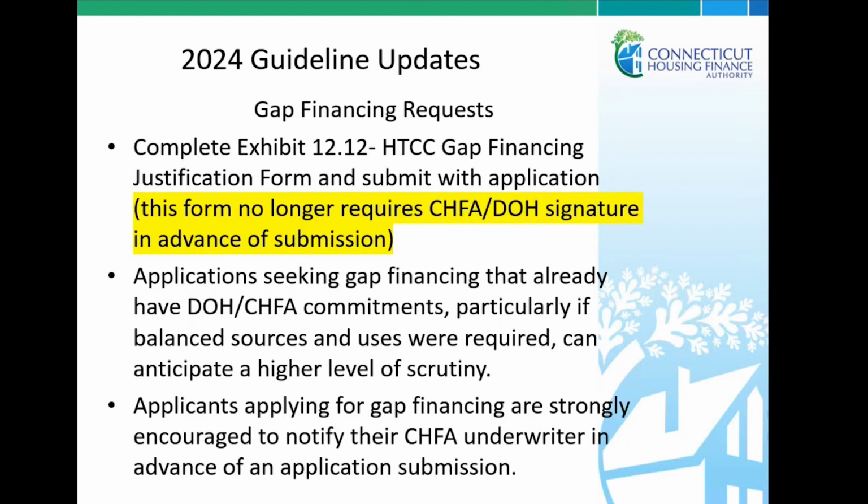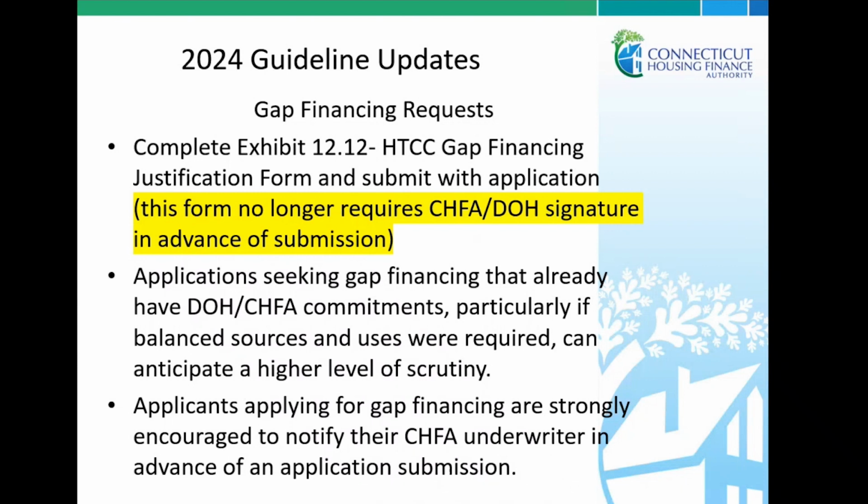Again, we mentioned changes to Exhibit 12.12, which is the HTCC gap financing justification form. Just a reminder, you don't need to get a signature for that in advance of your submission. For applications seeking gap financing that already have DOH and CHFA commitments, particularly if these commitments were awarded originally with balanced sources and uses, you can anticipate a higher level of scrutiny.